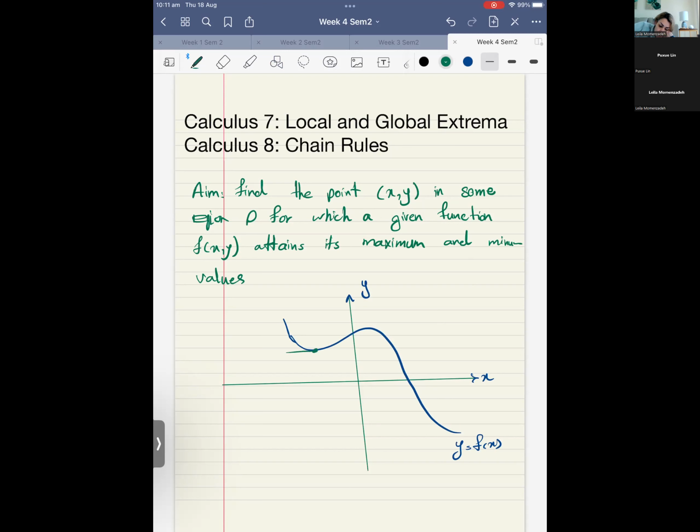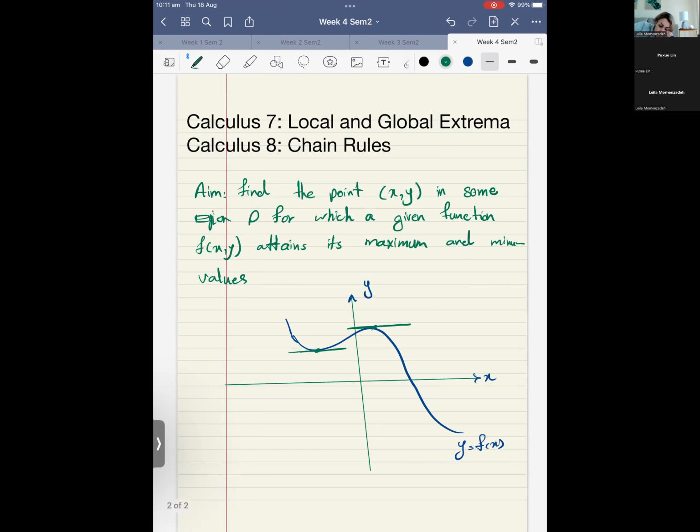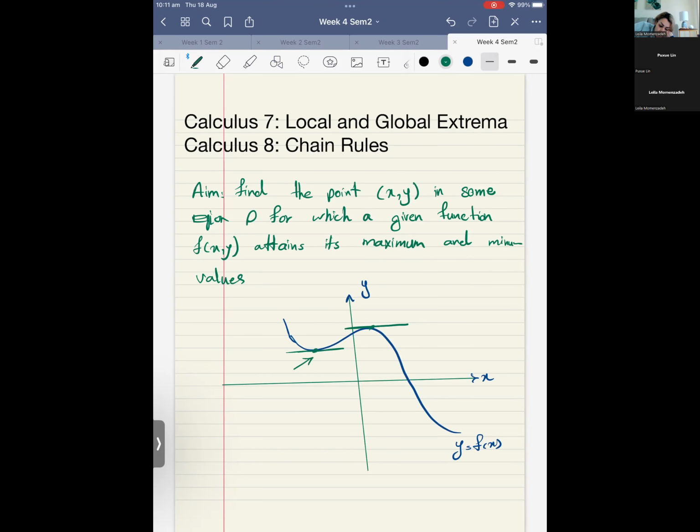This point we call a local minimum, and this one we call a local maximum.